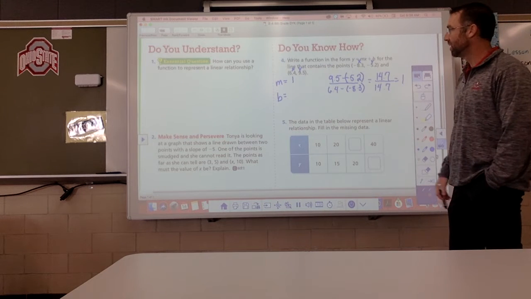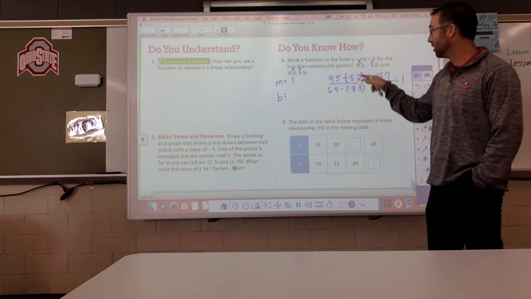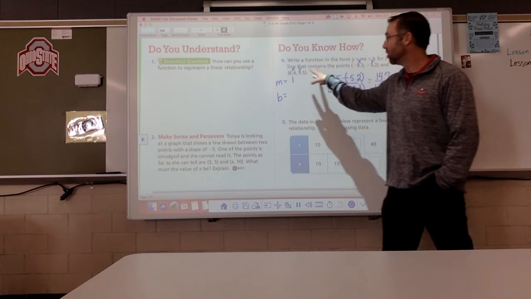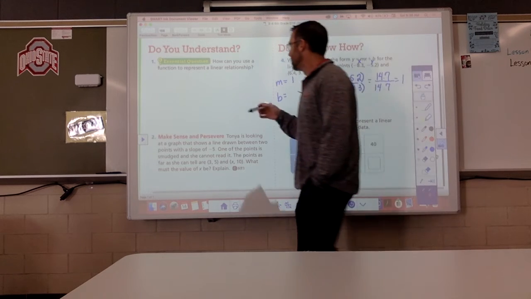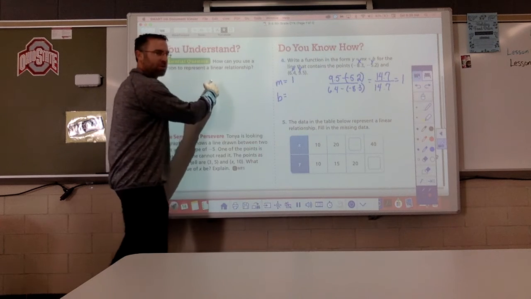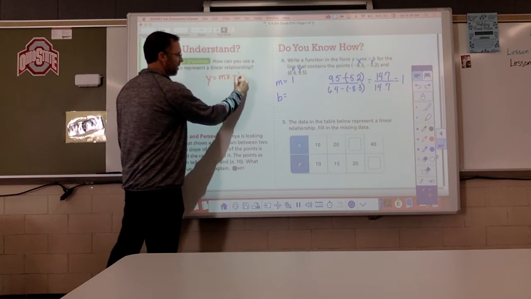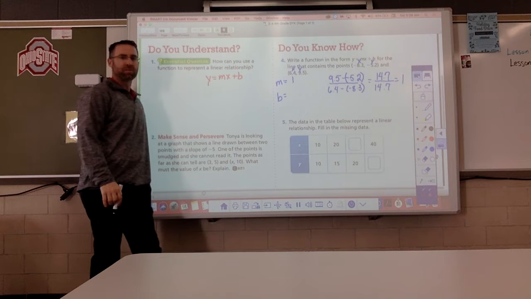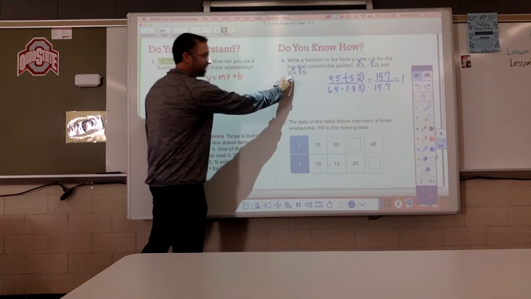Choose one of those points. Which one of those points maybe looks better than the other? One with 2 negatives in it or one with 2 positives? Positives. So this is where we go. I'm going to do the work over here. We have to start with the form y equals mx plus b. Do I know the slope? Yeah, we just found it.